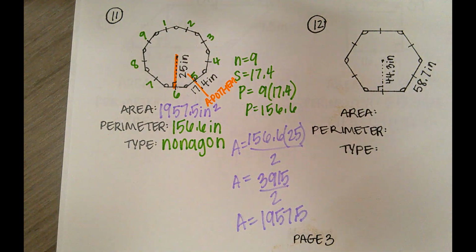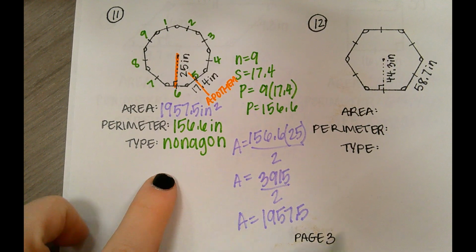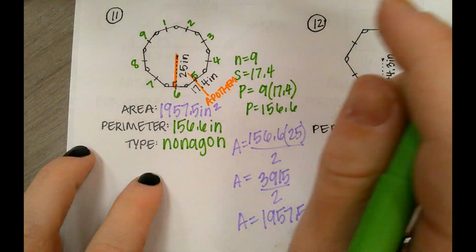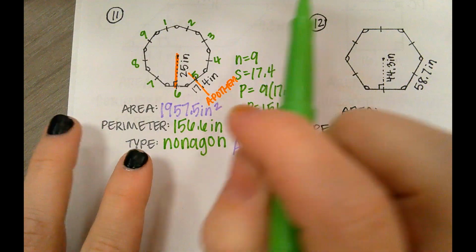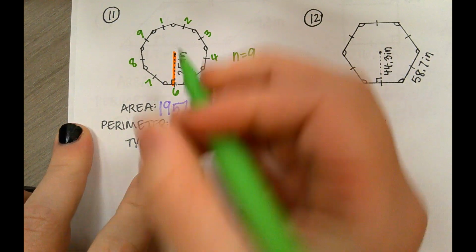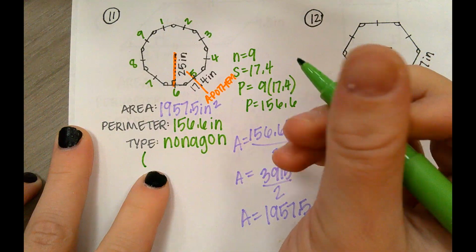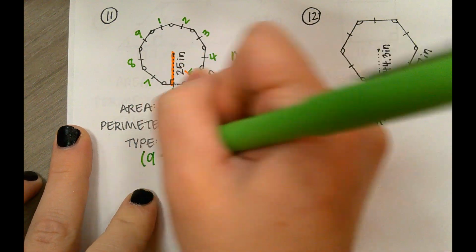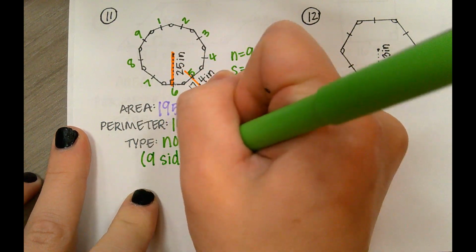Oh, and something I wanted to mention for all of these: whenever you're naming the type of polygon, if you want to be extra careful and certain that you've got the right name, or maybe you're worried about losing points, like I labeled that as 9 and wrote it's a nonagon, I might also write in parentheses down here 9 sides.